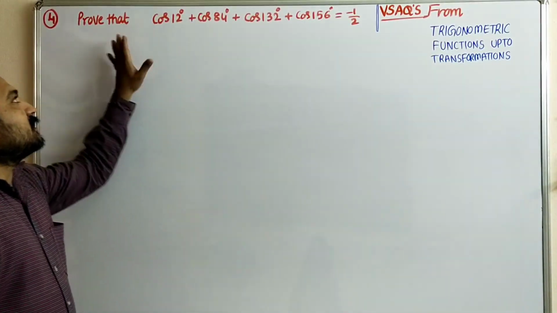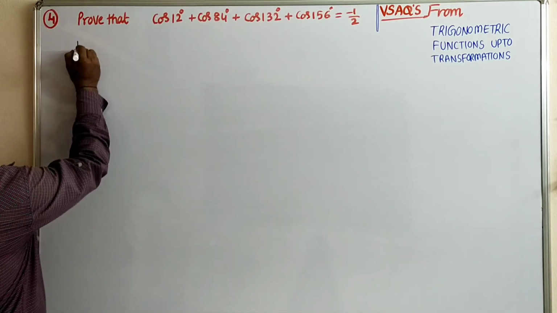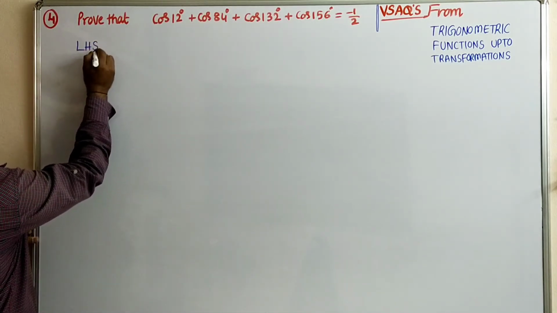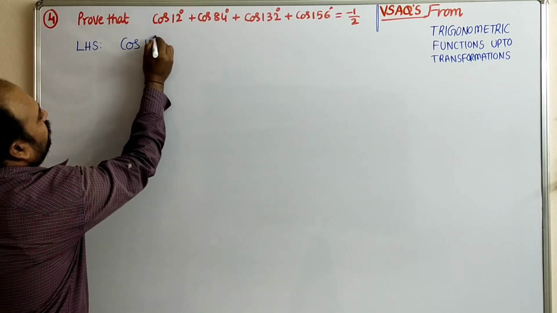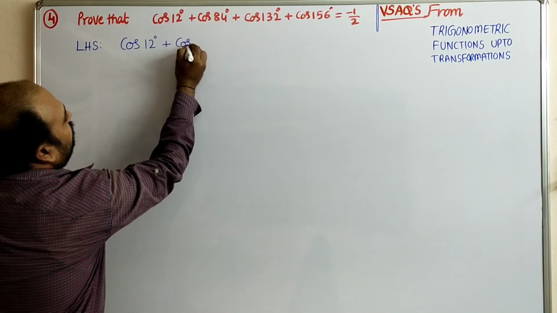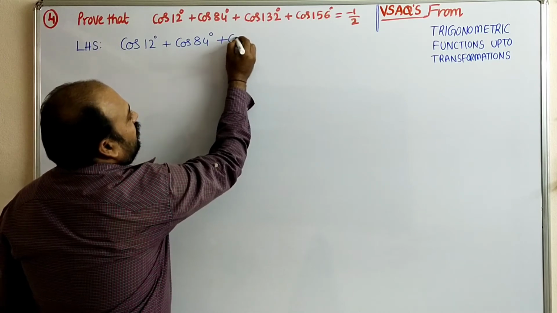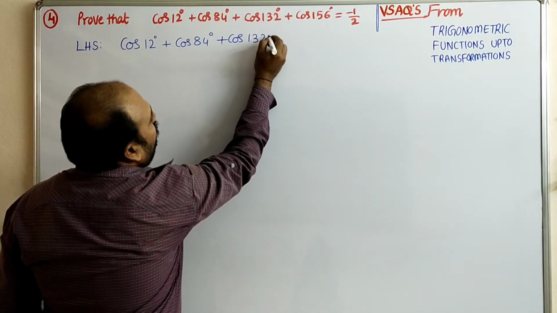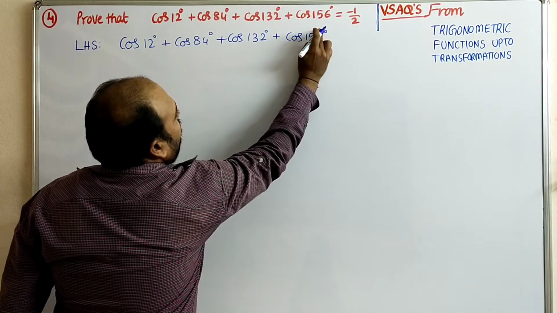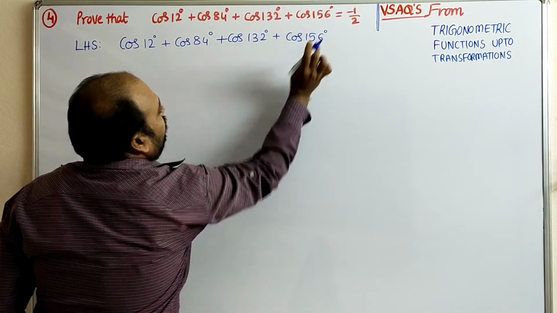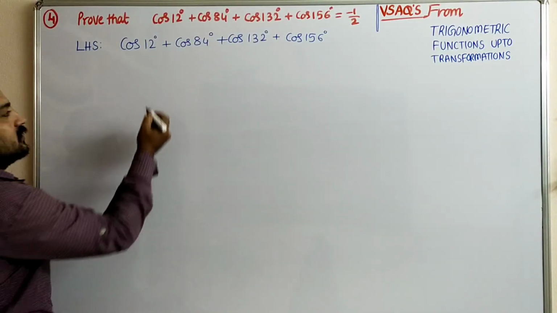See here, first consider LHS: cos 12 plus cos 84 degrees plus cos 132 plus cos 156. After that, if you go like this, it will be easy.